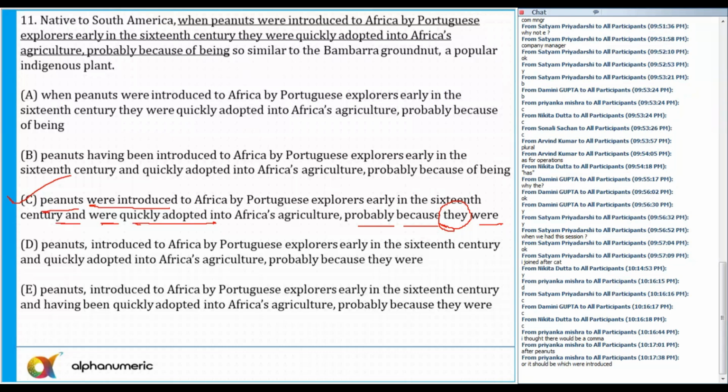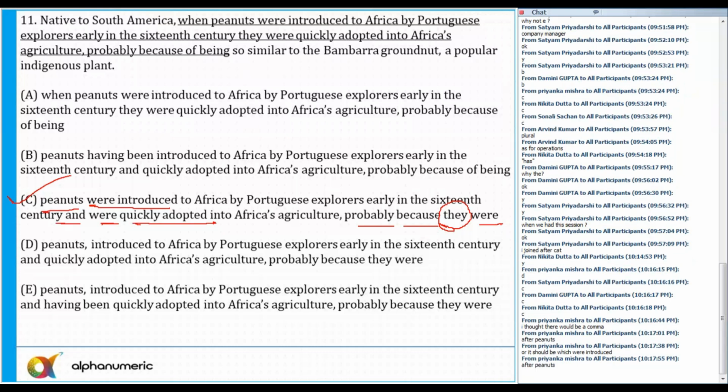Which were introduced where? Native to South America, peanuts which were introduced to Africa. If you write which, then something will be missing, Priyanka.